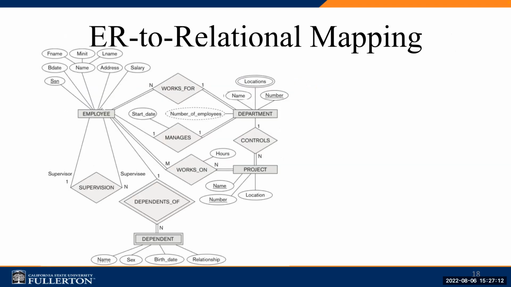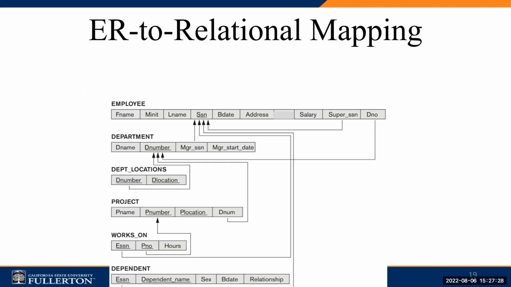Now, here is an example, which is an ER diagram for an employee with multiple entities such as department, project, dependent. And here is the schema diagram, which shows all the foreign keys.